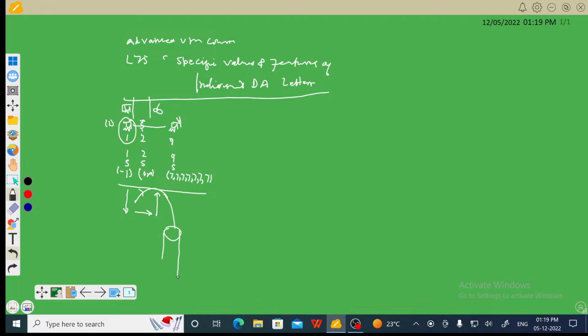So A has the first direction, E the second direction, U the third direction, R the fourth direction, and Lari the fifth direction. Ahead like that, up till the 9th, we will have as many as 9 directions.